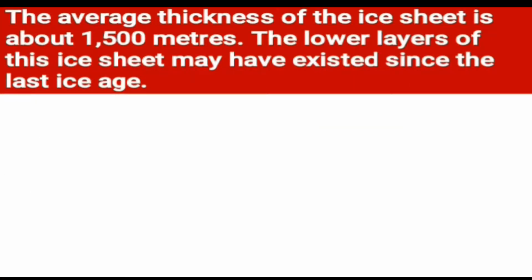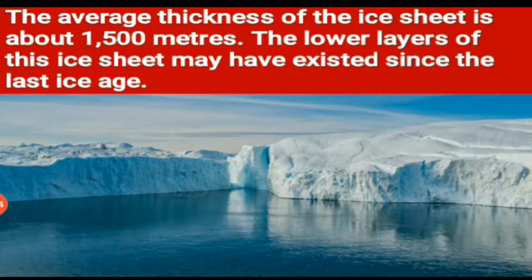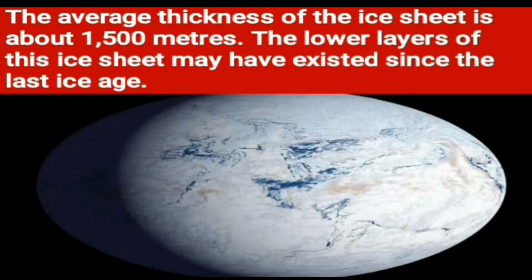The average thickness of the ice sheet is about 1500 meters. These are ice sheets. The lower layer of this ice sheet may have existed since the last ice age.